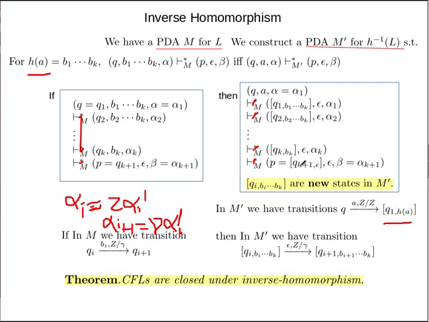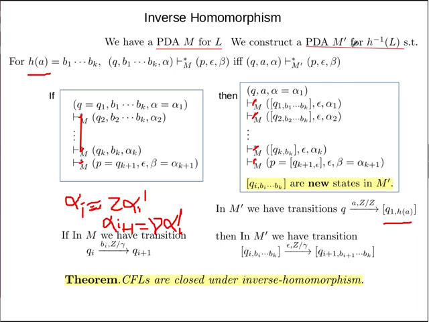So we can formally write down the delta for h inverse of L. It will look complicated, but it will just express this thing: if you have a transition of this form in M, then you should have all these transitions in M prime. So that is how you construct the transition function for this M prime.